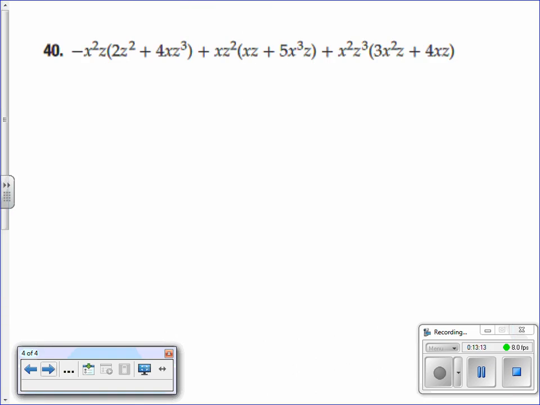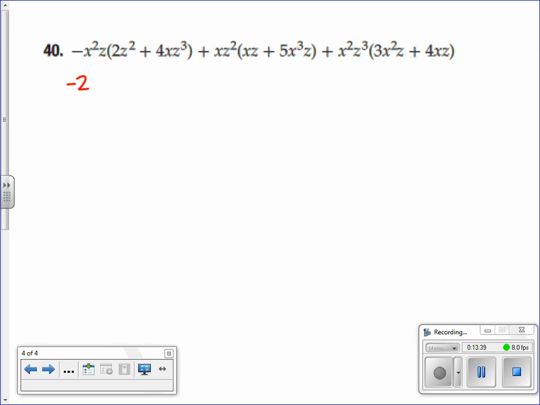All right, last. I'm going to have you do this one on your own and see what you bring back to class. I will get you started. I'm going to multiply negative x squared times z to everything in here. So negative x squared z times 2z squared, I get negative 2. That negative sign goes to the 2.